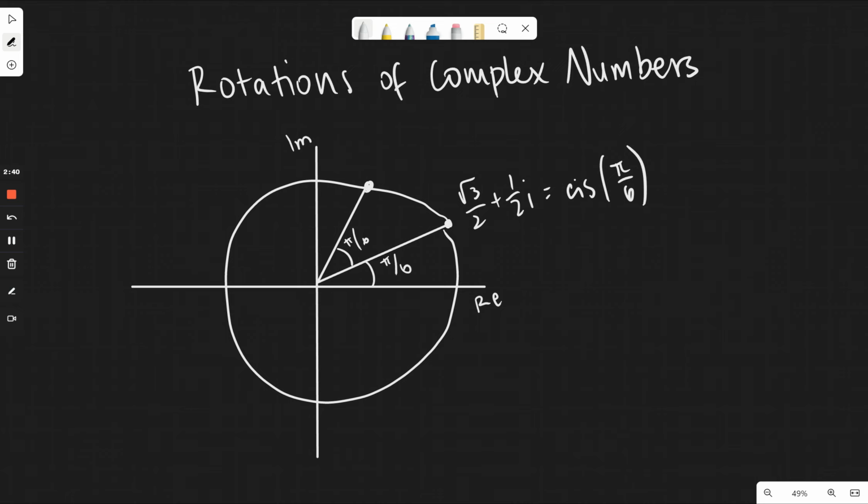And so we can think of this a few different ways. So let's say this number, which we said already, is equal to e to the pi over 6 i, according to the exponential form of complex numbers.